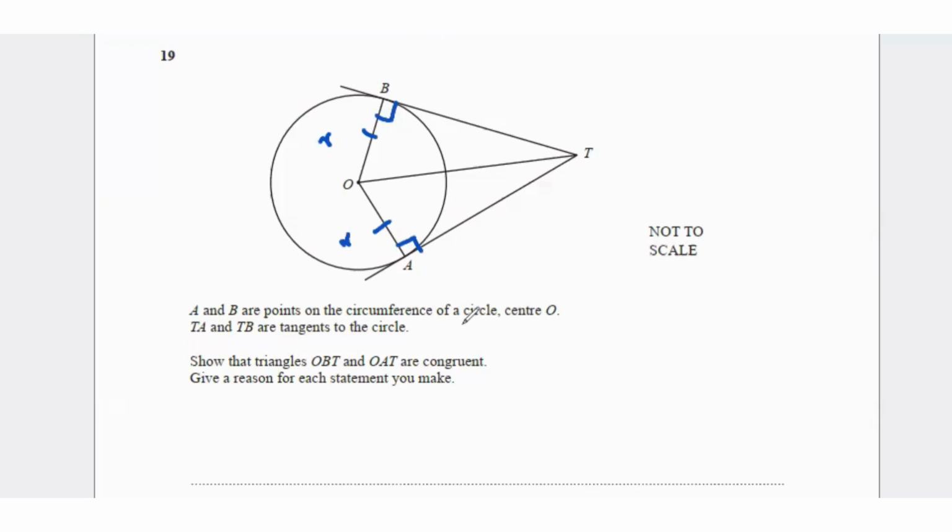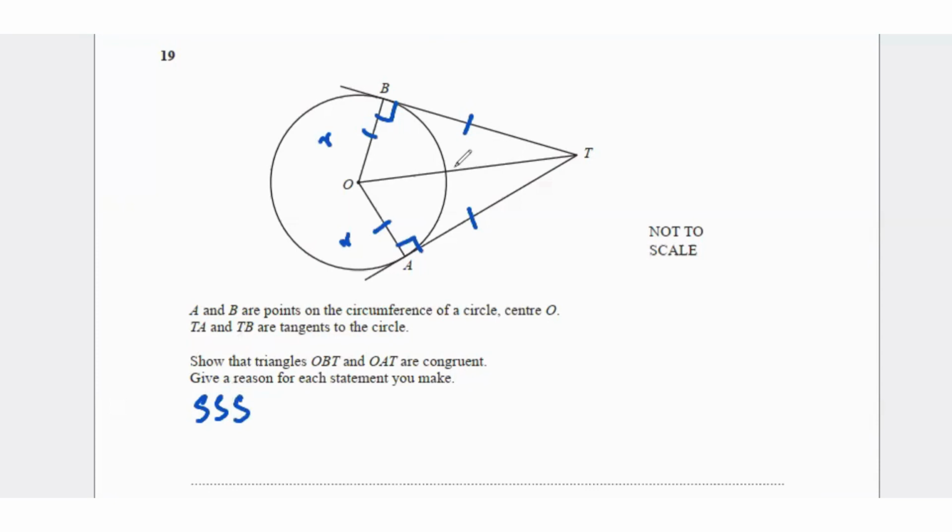And since the tangents are coming from the same point T, that means these two are also going to be equal. So the reason for the congruency that I'm going to use is side, side, side, because OT is also the same.